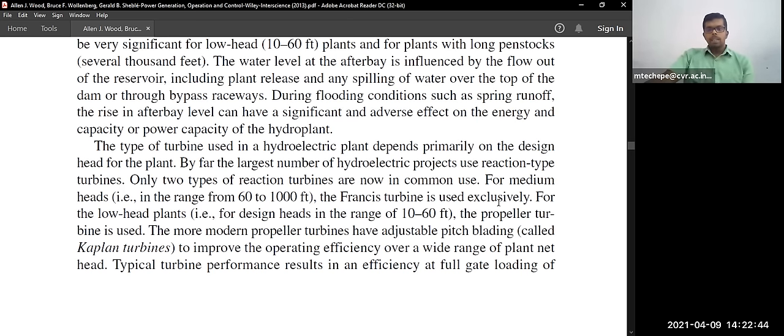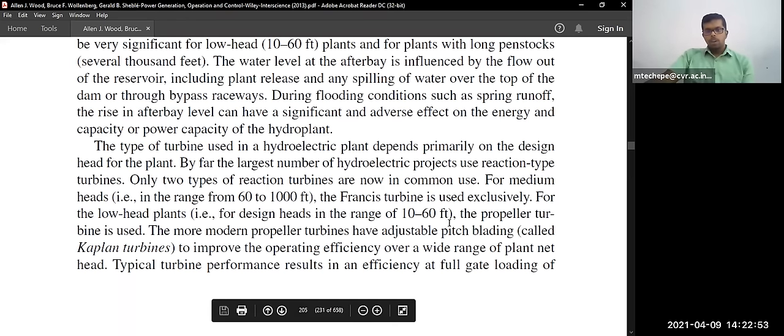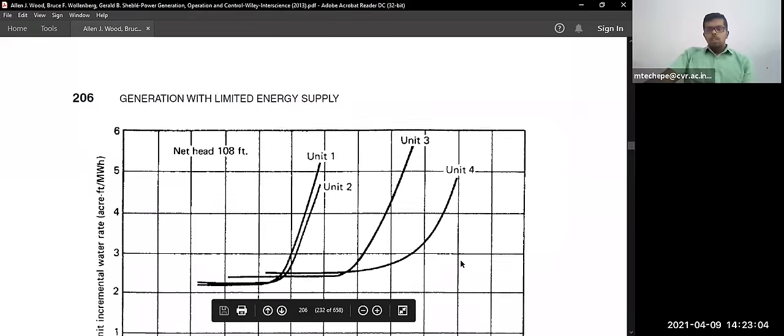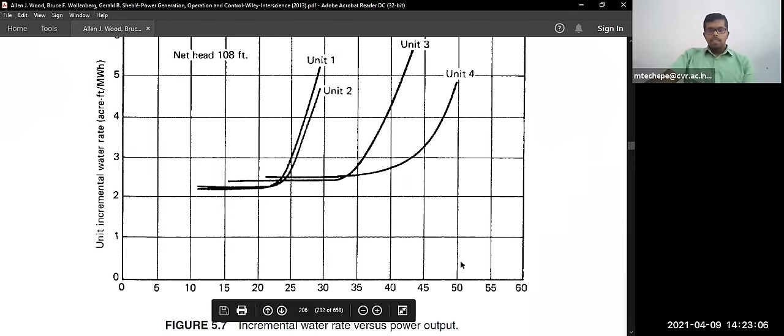And the Francis turbine, if you take low heads, like 10 to 60 feet, I think this is from a foreign author's book, no? That's why they have given it like this. I'll show you the exact thing, like the Kaplan turbine and all. Next we'll move on to these characteristics.